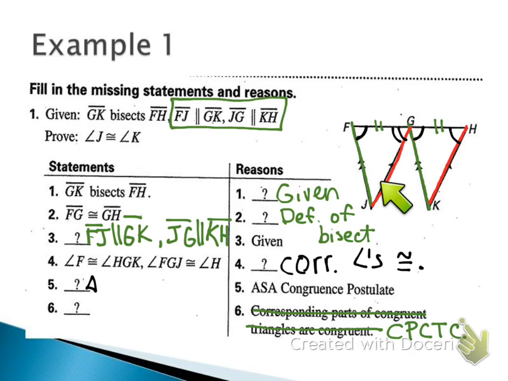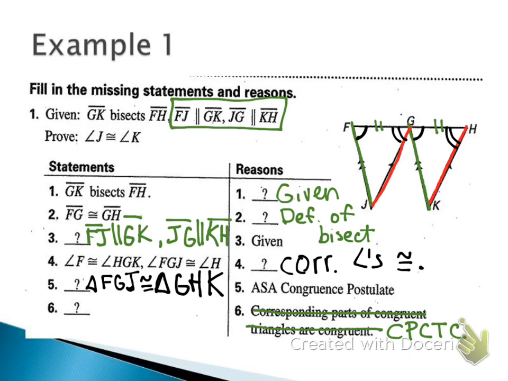F, G, J congruent to... G, K, H. Careful, you went F, then G. So you need to now go in the same order. So you'd go G, then H. I'm missing something over there, sorry. So you'd have to go G, H, then K.